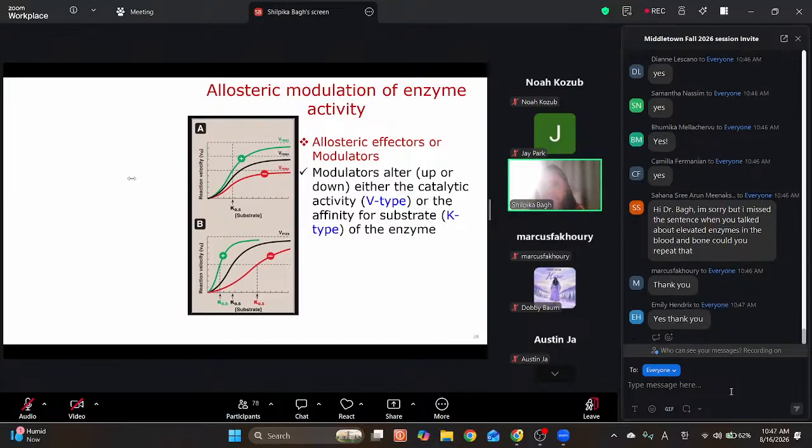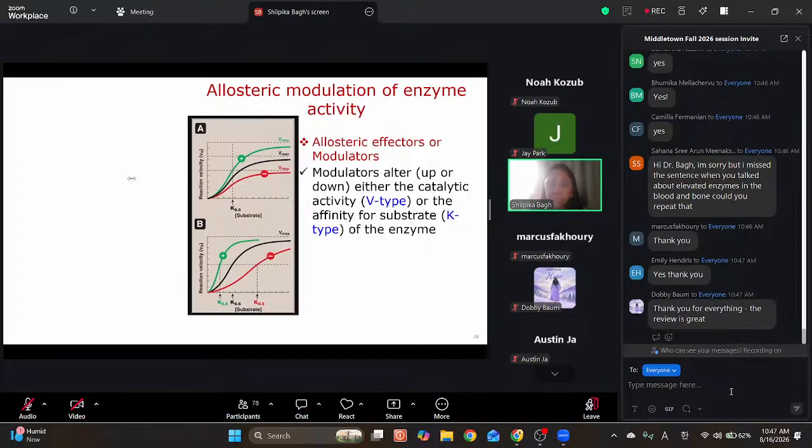I said elevated enzyme because remember these enzymes are within the cell. Whenever there is a breach in cell lining, these enzymes will move from cell to circulation. That's why high levels of these enzymes above the normal level in circulation don't always reflect some kind of specific tissue damage.